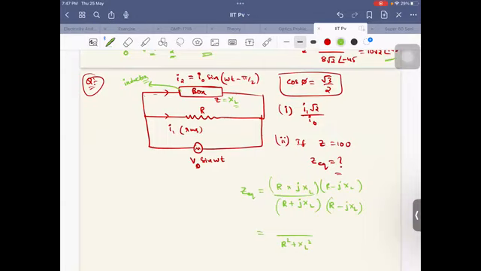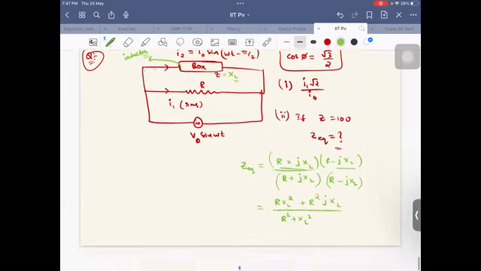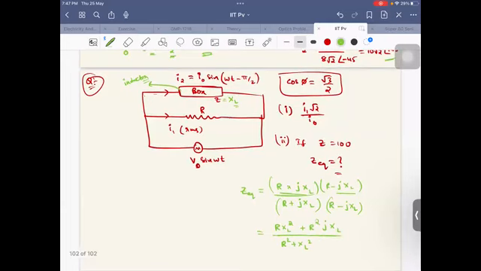In the numerator, multiplying these two, you get j square as minus, so R XL square plus R square jXL. So the imaginary part is j R square XL.